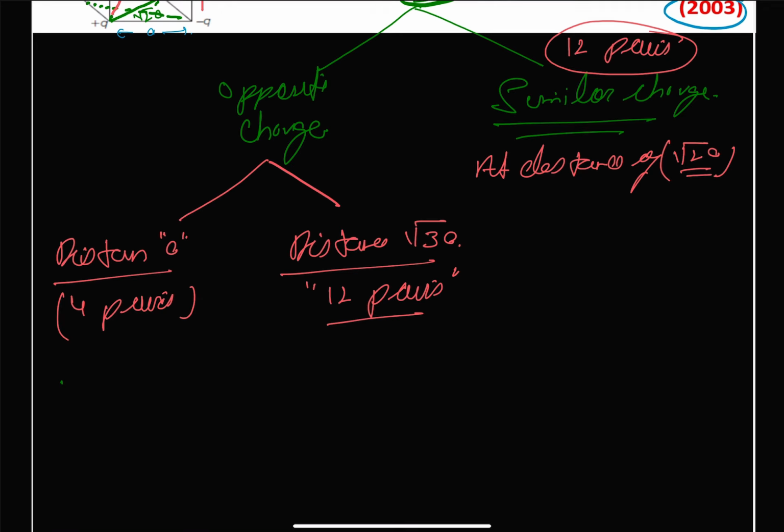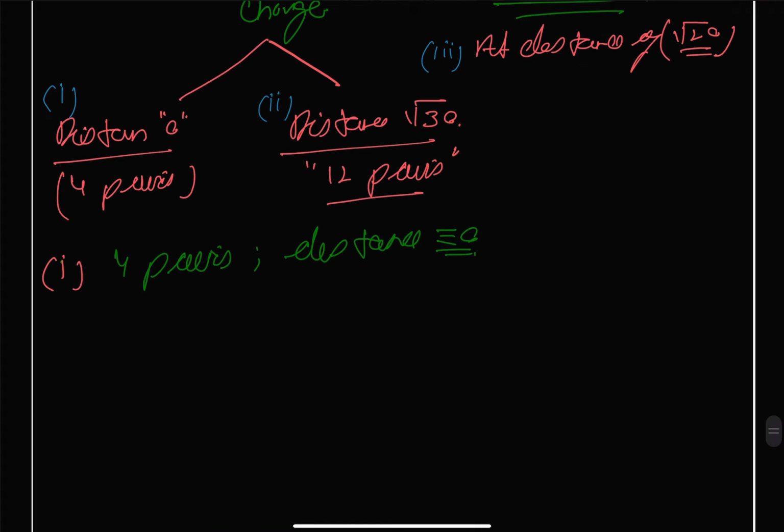This is our first case, second, third case. For the first case we have 4 pairs, and the distance between them is A. Let us call that energy U1.